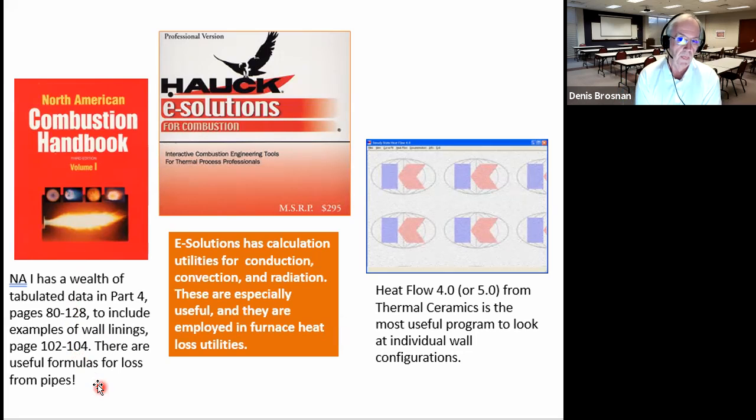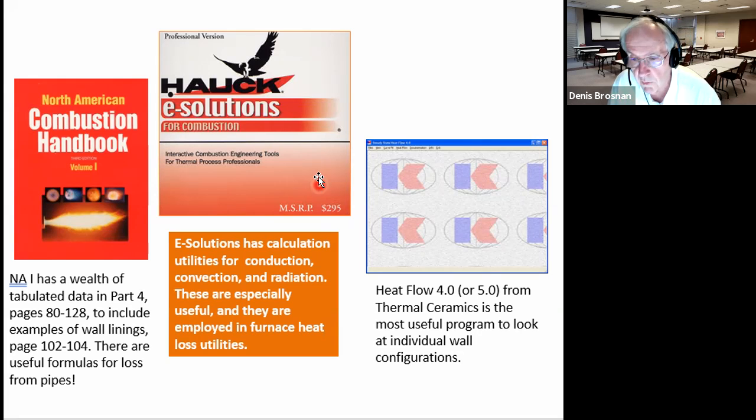So you can pick a product and pick a hot face temperature and a cold face temperature or a given thickness, and you can see how much heat is going to flow through that product. A lot of engineers used that for design for a lot of years. Now we have the Honeywell Hauck eSolutions program, which is going to allow us to do the same thing. I'm going to demonstrate it in a minute.